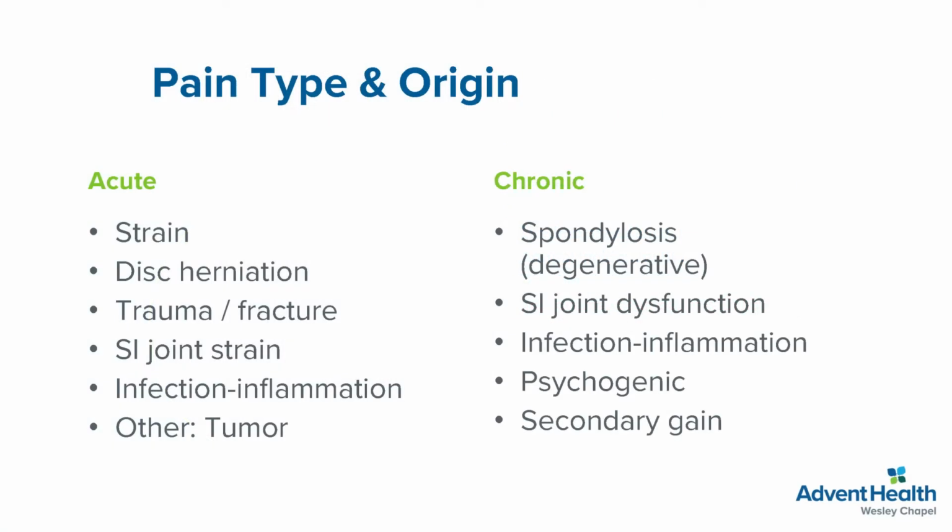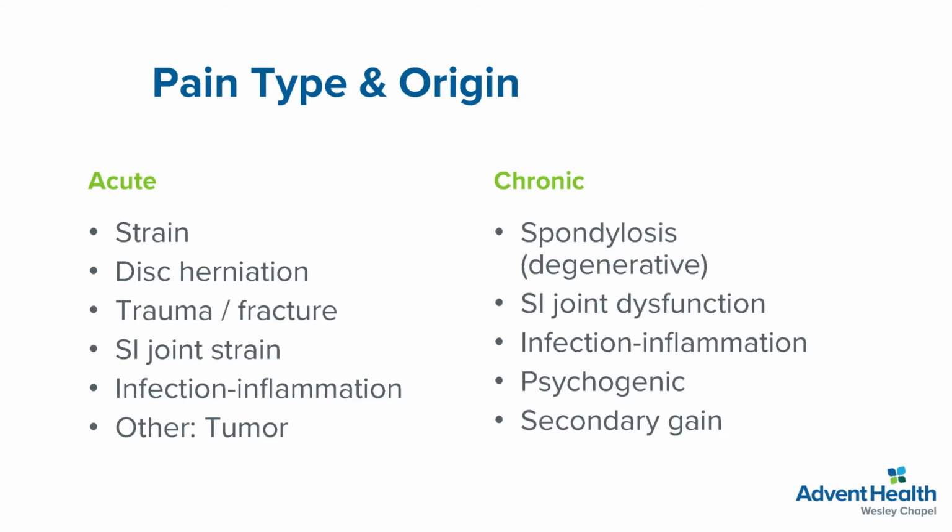Now, there are different types of back pain. There's acute back pain, there's chronic back pain. Acute back pain is muscle strain, an acute disc herniation, a trauma such as a slip or fall, or a small fracture in your spine. Acute back pain can also represent sacroiliac joint strain or an infection or inflammation. Chronic back pain is degenerative.